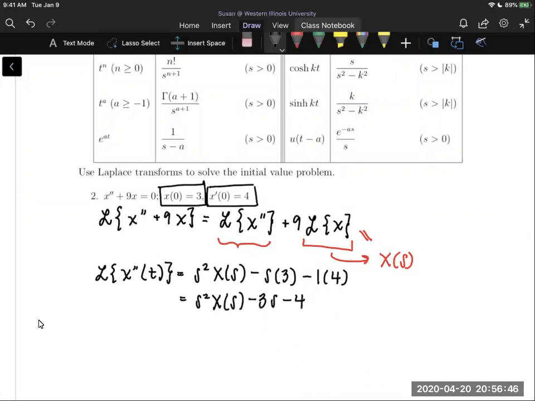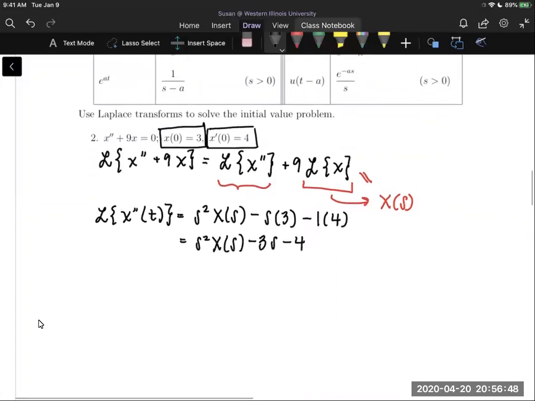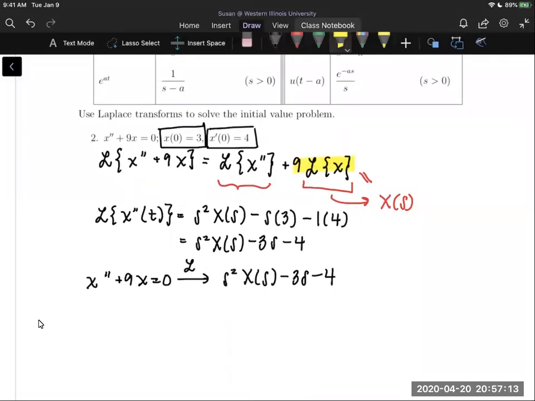All right, so now we know how to transform this entire differential equation. I am going to take this DE and apply the Laplace transform, and it becomes s squared X of s minus 3s minus 4, and then tack on what we discussed up here.